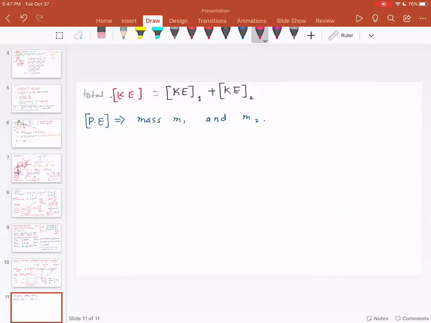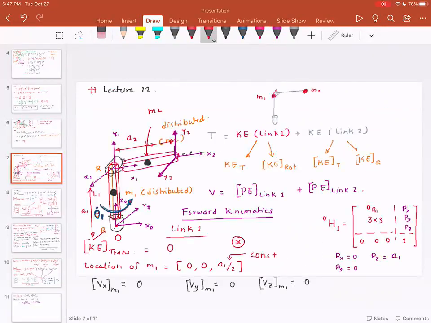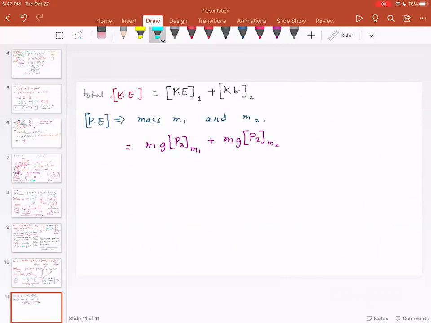The potential energy is nothing but mg Pz for M1 plus mg Pz for M2. Pz for M1 will come from here. This is Pz for M1.